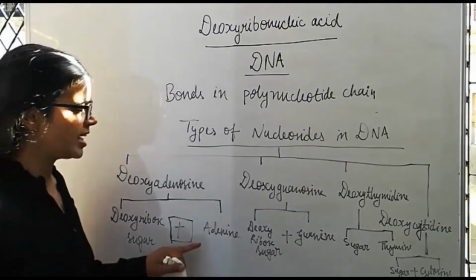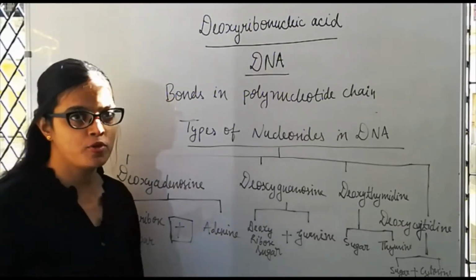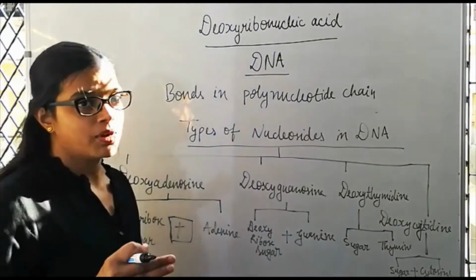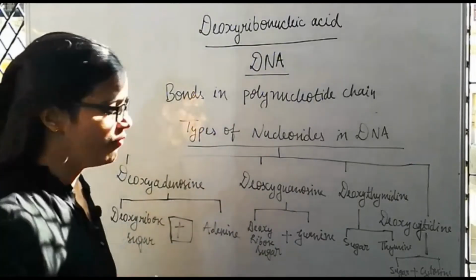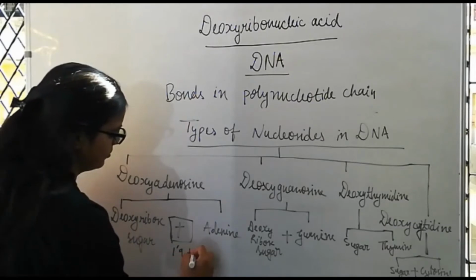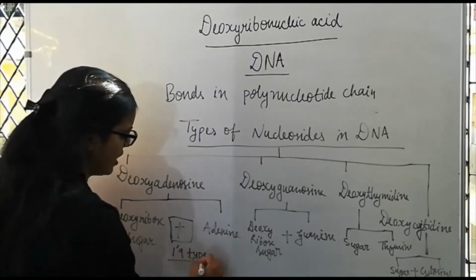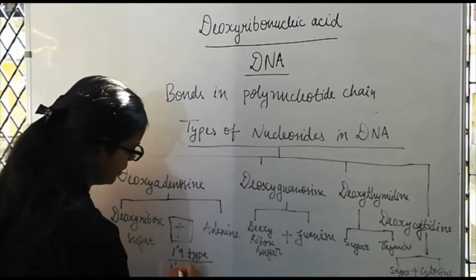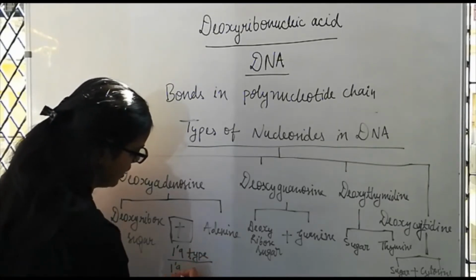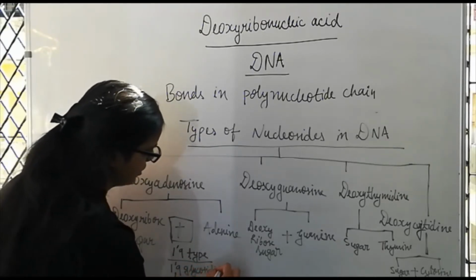As we know that adenine is a purine, so in purines the glycosidic bond is of 1-9 type, and we call it 1-9 glycosidic bond.